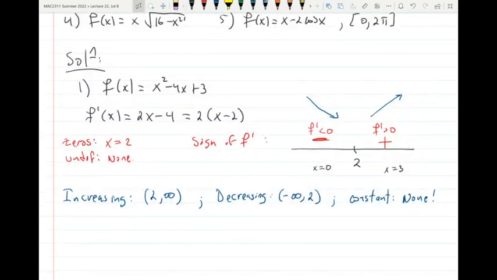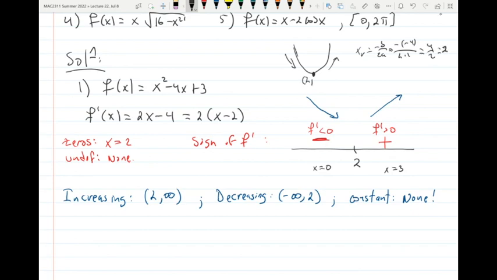I said it was a sanity check because this is a parabola, so we can easily figure this out. Let's find the vertex. As you know, this is a parabola that opens up, so it's going to be decreasing to the left of the vertex and increasing to the right of the vertex. The x of the vertex is negative b over 2a, which is negative negative 4 over 2 times 1, so 4 over 2, which is 2.